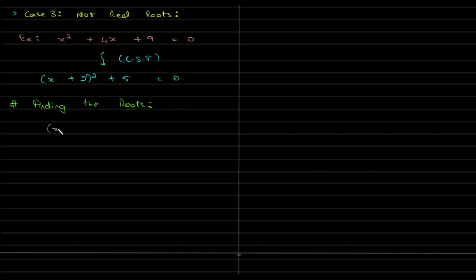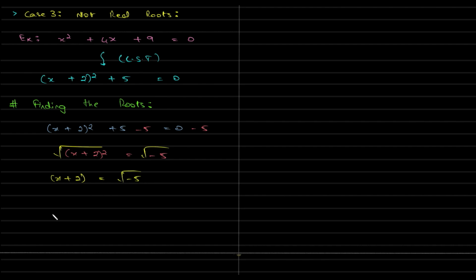So we have x plus 2 the whole square plus 5 is equal to 0. Subtract 5 both sides. We have x plus 2 the whole square is equal to minus 5. Take square root both sides. So x plus 2 is equal to square root of minus 5.